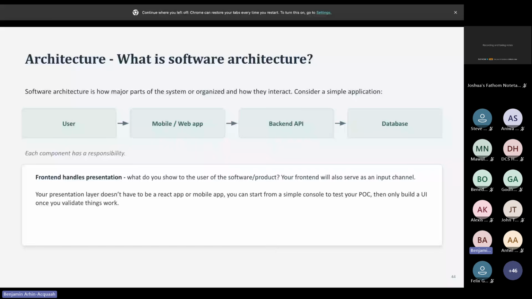Mind you, your presentation layer doesn't have to be a mobile app or a React web app. It can be a simple console application you use to test your proof of concept. When you are confident everything works, you can build a good UI and connect to the same backend that you have.